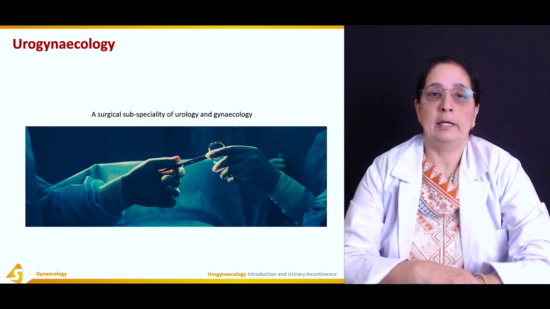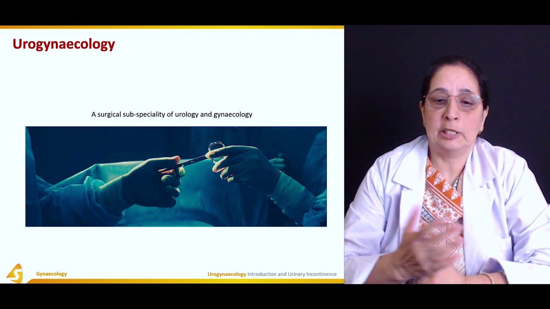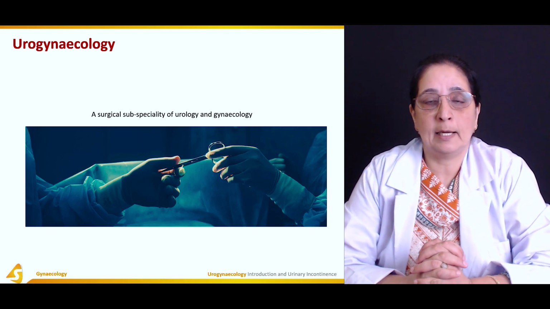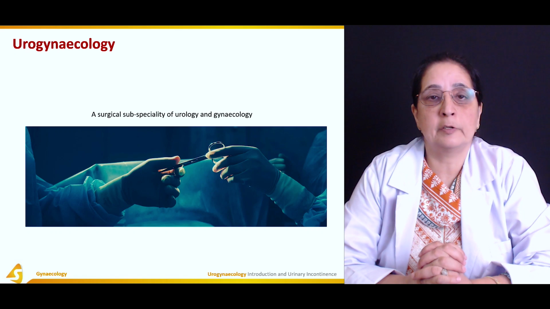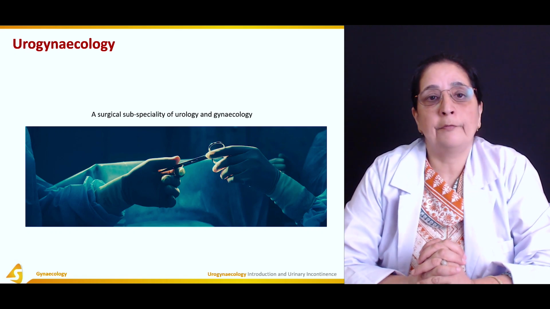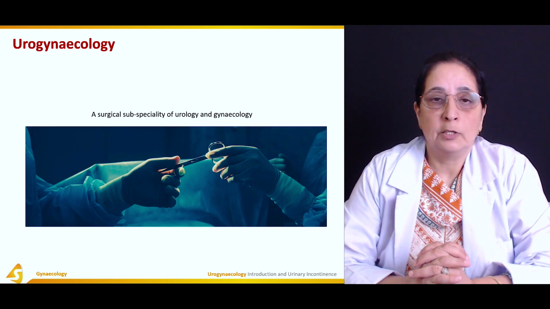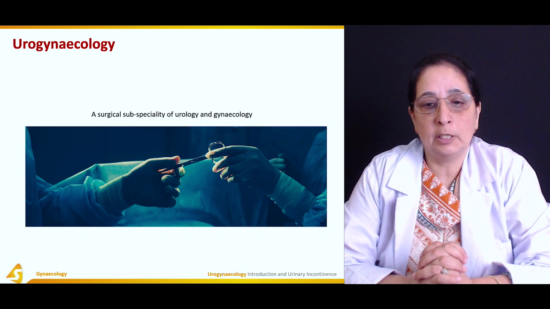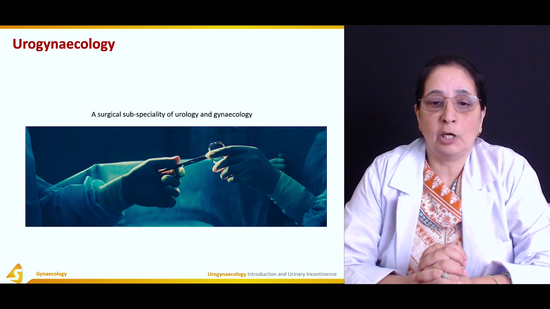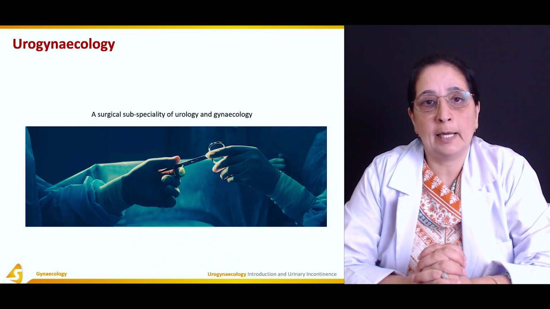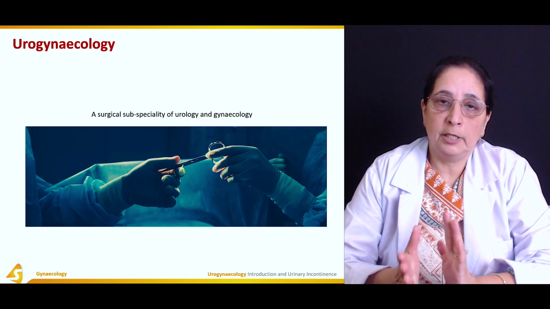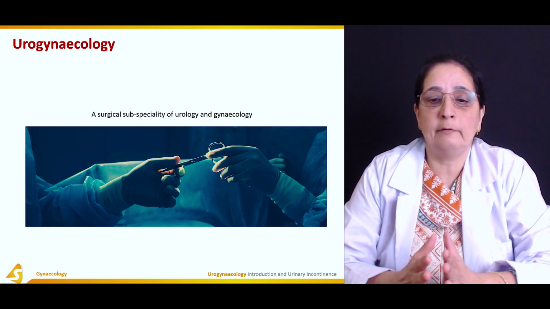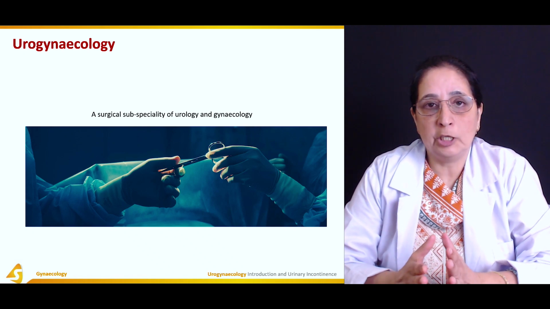So urogynecology, as the name suggests, uro is for the urinary system, and gynecology refers to the study of the female reproductive system. Combined together, it's known as urogynecology, and it's a subspecialty of urology and gynecology. The urinary system and the reproductive system are very closely linked to each other.